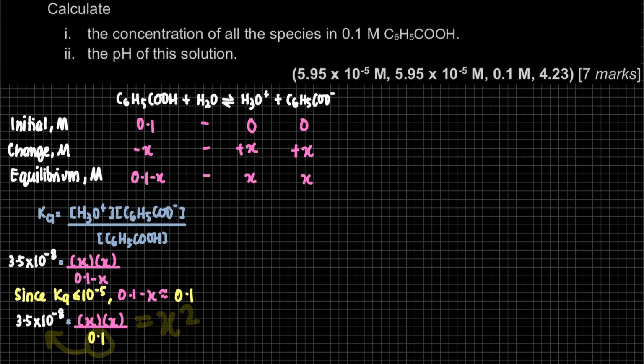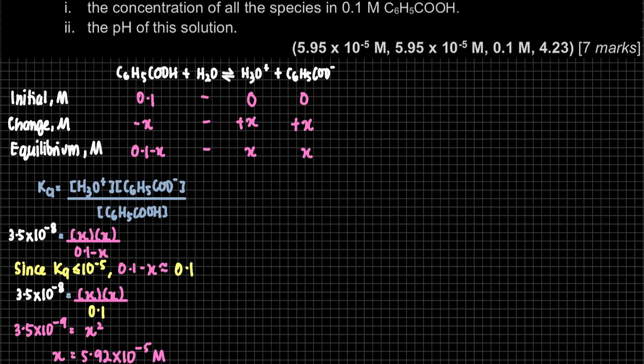Then you just square root it. So when we multiply, it becomes 3.5 exponent negative 9 equal to x squared. Then you can find the value of x. The value of x will be 5.92 exponent negative 5. There is a unit for x, because remember, the unit of x is actually concentration.